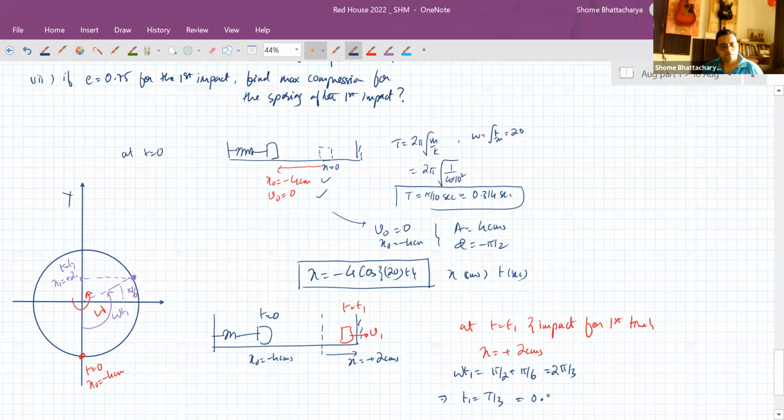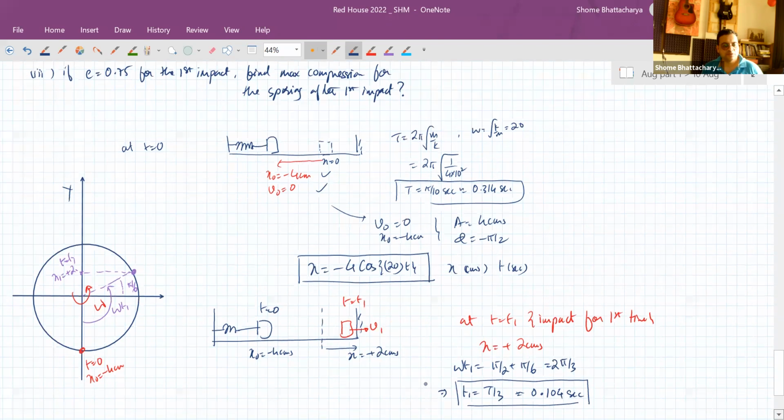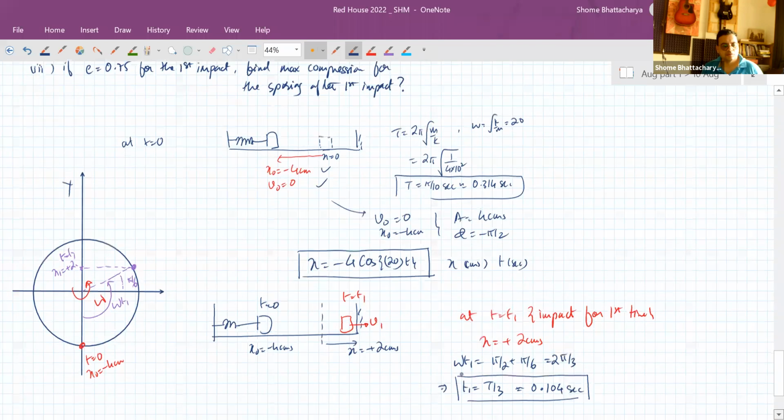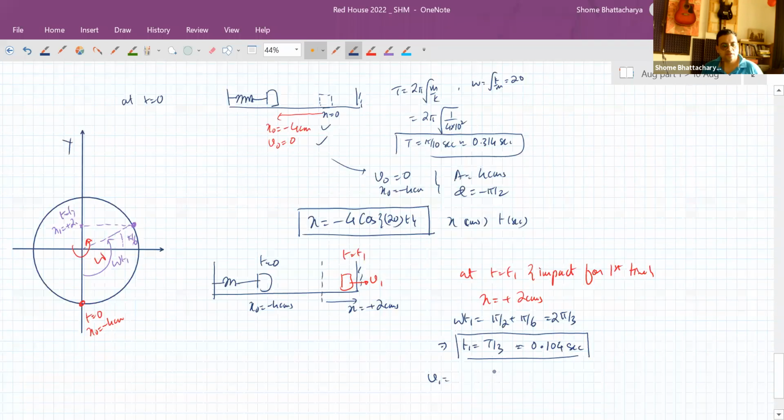Okay. So this is the time when the first collision will happen. And speed v1 will be minus 20 into 4 sine 20 t1.